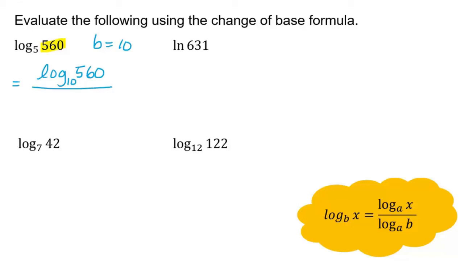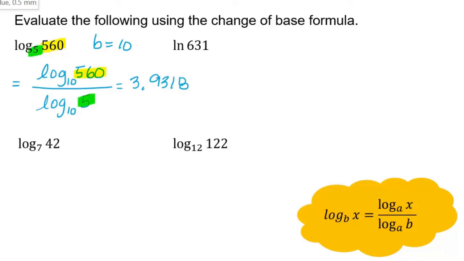We'll divide that by the logarithm also to the base 10 of our previous base. So we'll calculate the logarithm of 560 to the base 5 by calculating the logarithm of 560 to the base 10 and dividing that by the logarithm of 5 to the base 10. Punch in log 560 divided by log 5 into your calculator, and you'll find it's 3.9318. In other words, 5 to the power of almost 4 gives you 560.